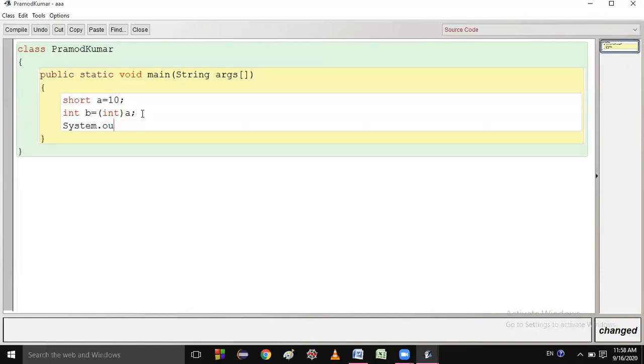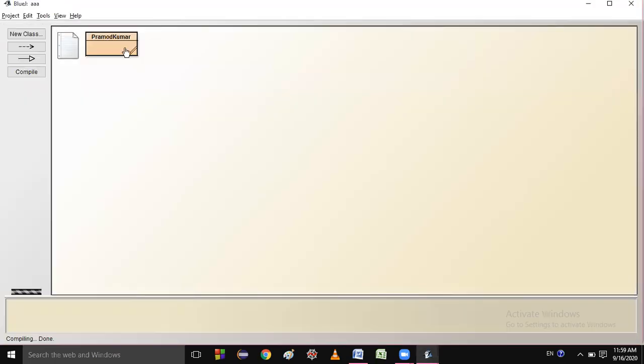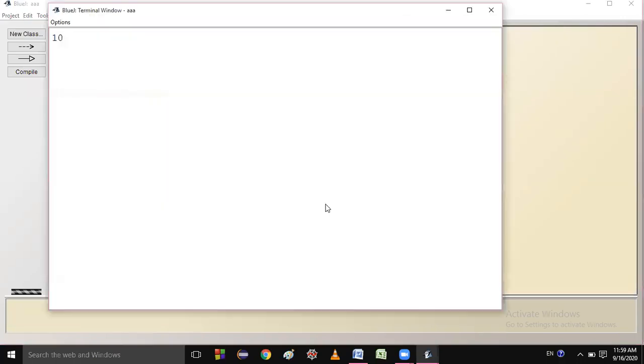So if I print System.out.println and I will print here b, then you will get 10. Just let me run this also. You see here it is printing 10. Is it okay? Yes, sir.